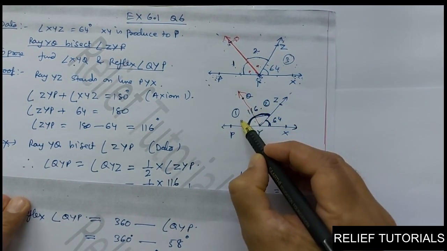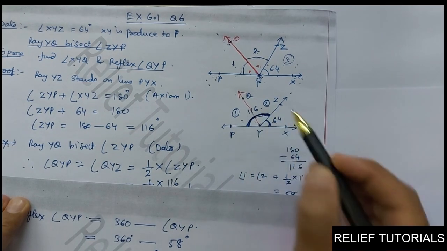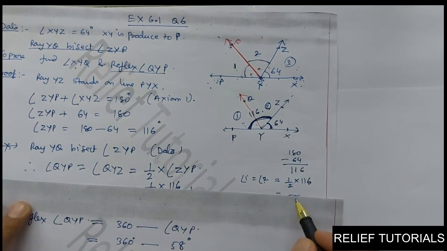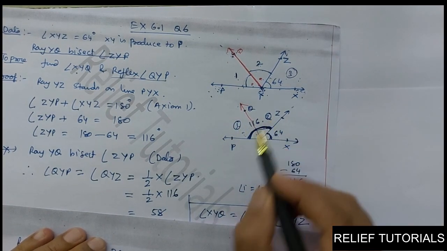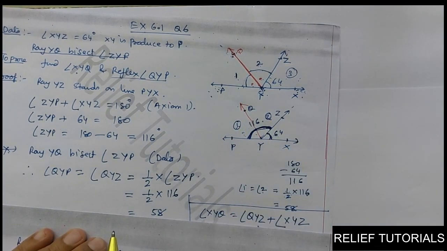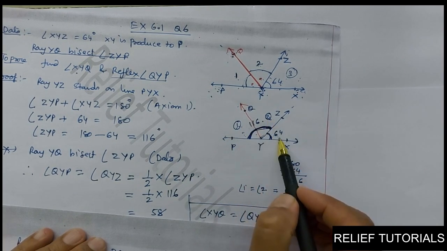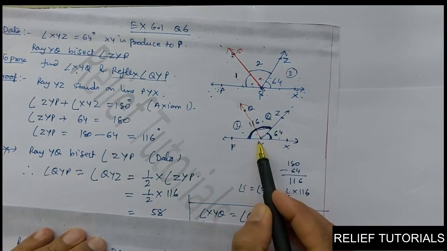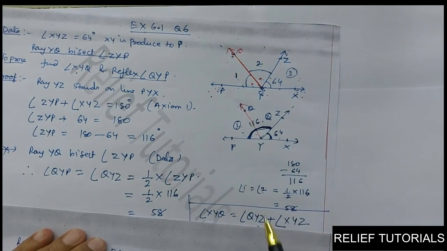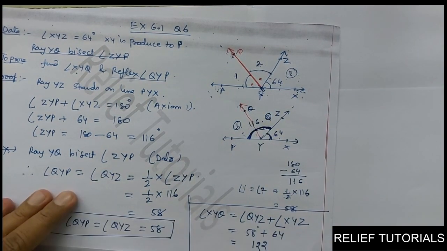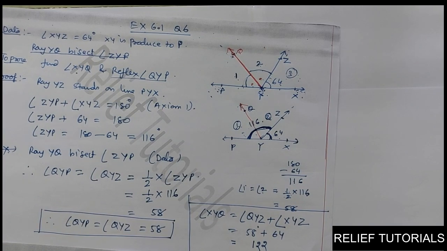So if we divide into two equal parts, angle 1 is equal to angle 2, and that is equal to half of 116, so that will be 58. If you get all these three angles, then you have to find this angle XYQ. So that is 2 plus 3, 64 plus 58, that is 122.